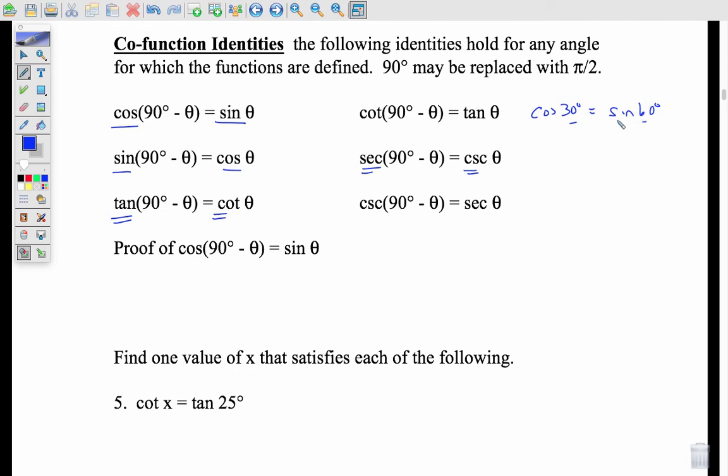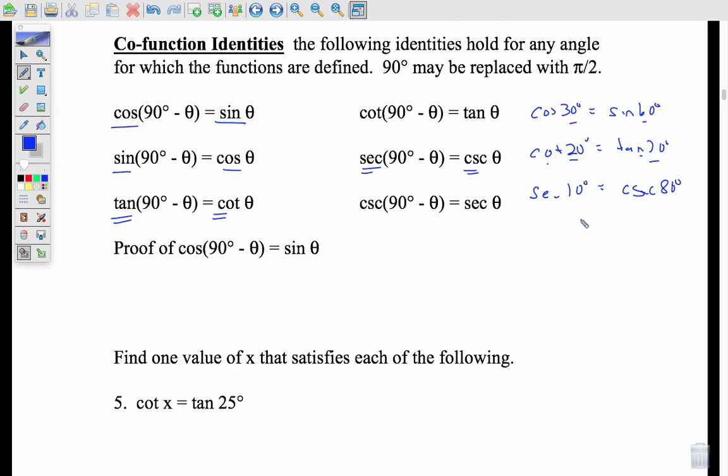So the cosine of 30 is the same thing as the sine of 60. Angles are complementary, so their functions are equal to each other. The cotangent of 20 equals the tangent of 70 would be another example. Again, notice our angles are complementary, so our cofunction values are equal to each other.